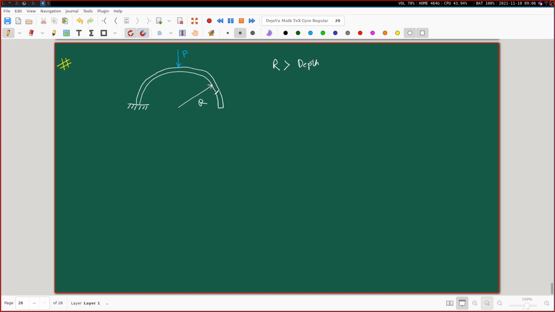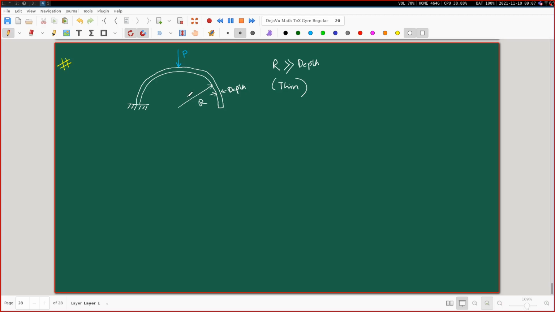Depth means this much. Not just larger, but much larger than this depth. So these kinds of beams must be considerably thin. When we have circular, semicircular or arc-wise beams which are thin, it is all right to use directly that M squared by 2EI expression here also.